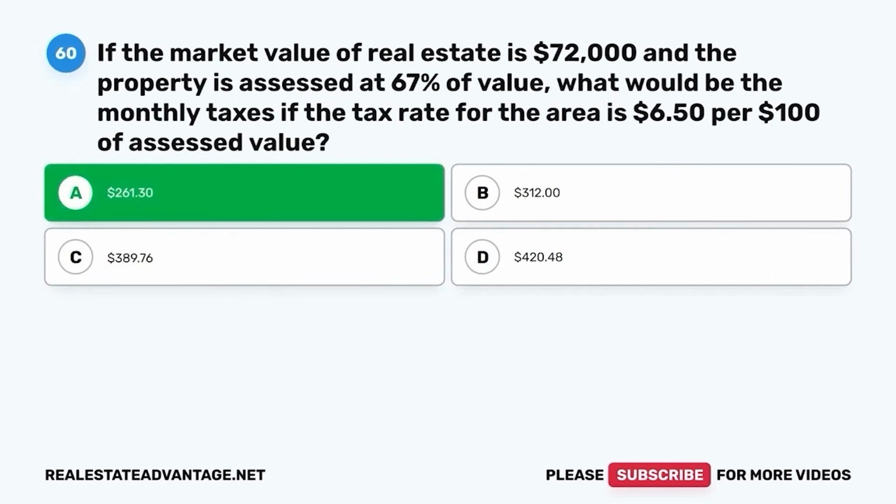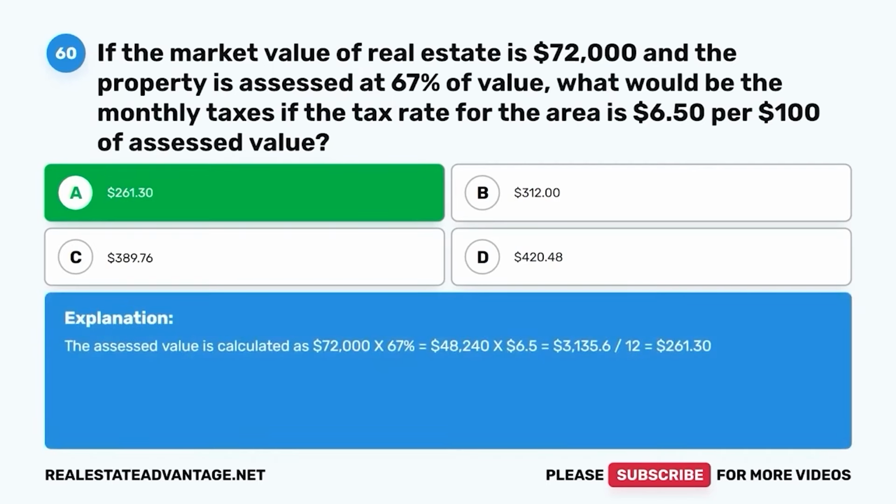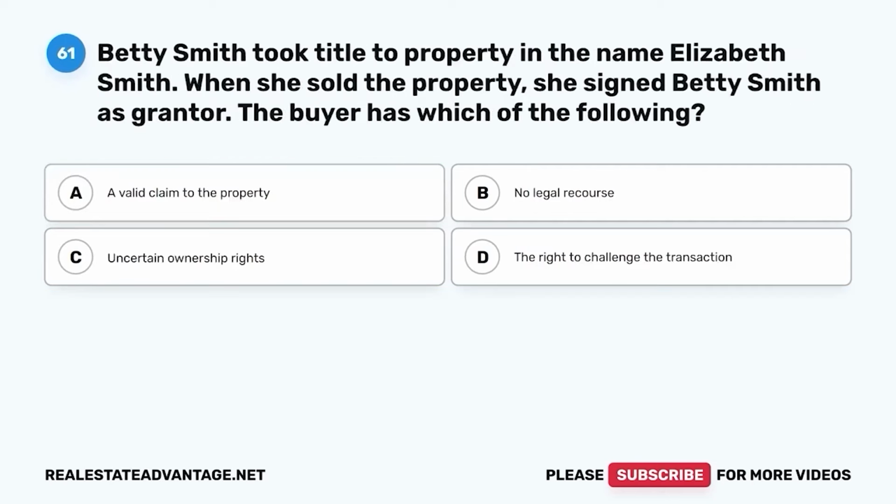The correct answer is A. $261.30. The assessed value is calculated as $72,000 times 67% equals $48,240 times $6.5 equals $3,135.6 divided by 12 equals $261.30.